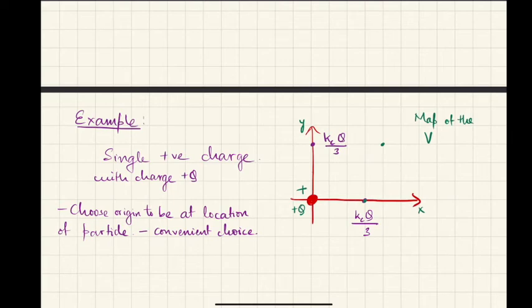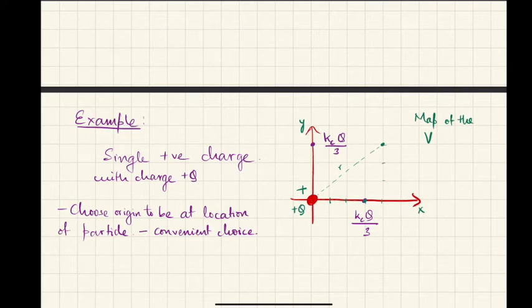But what about if I want to figure out the potential at this point? Well, I need to know the distance from this point, right? And in a coordinate system like this, that distance is given by 1, 2, 3, 4 units for the x-axis and 1, 2, 3 units for the y-axis.